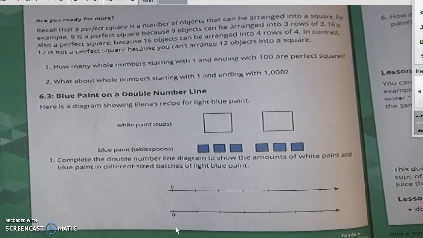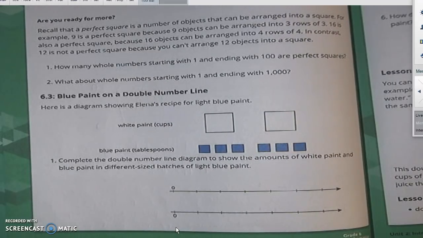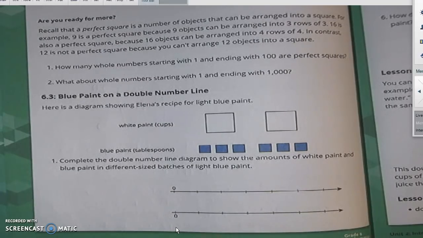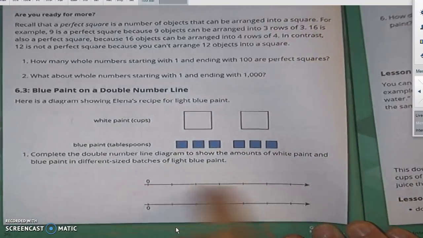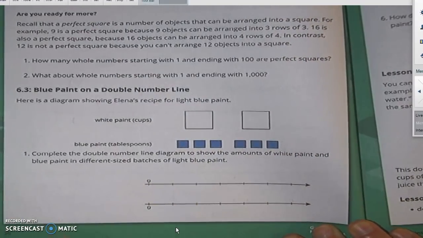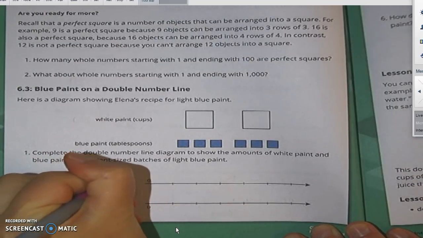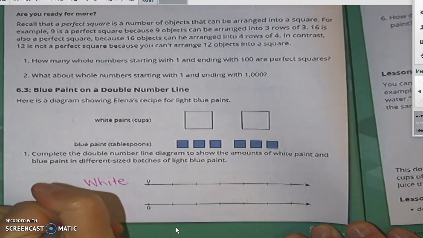Complete the double number line diagram to show the amounts of white paint and blue paint in different size batches of light blue paint. Okay, so they drew the diagram for us. So we are going to label. We're going to have the white be on the top, just like in the picture, and the blue be on the bottom.